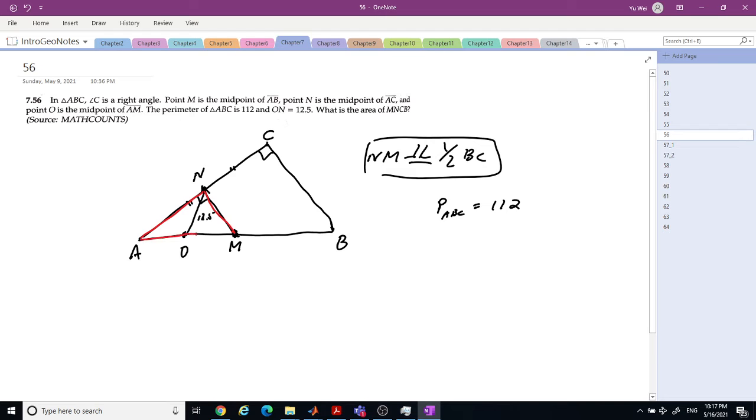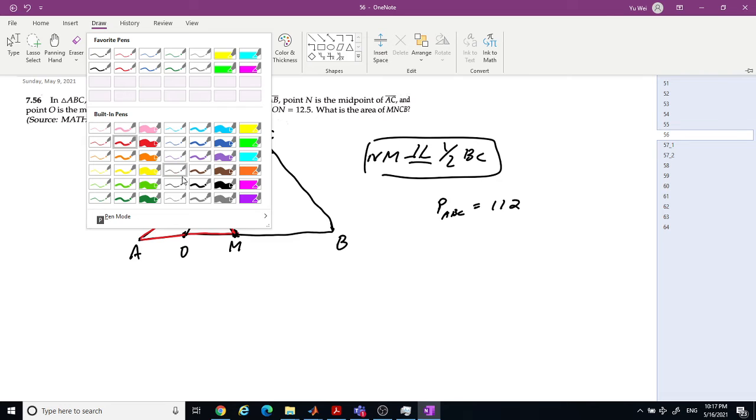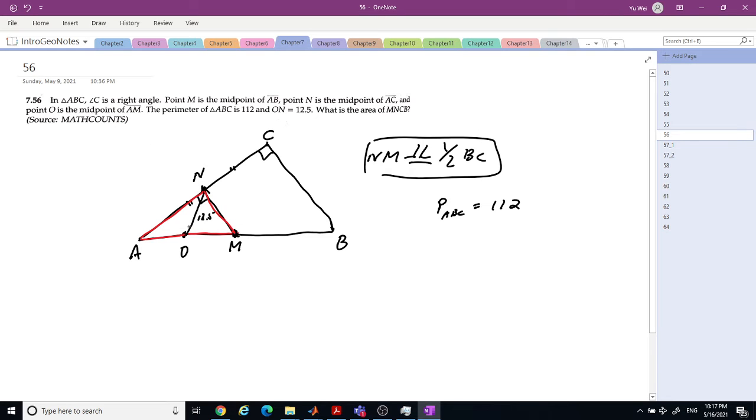The AM is the diameter, so that's why we know this is 12.5. So AO equals OM equals ON, which is 12.5. Then we know AM is equal to 25.